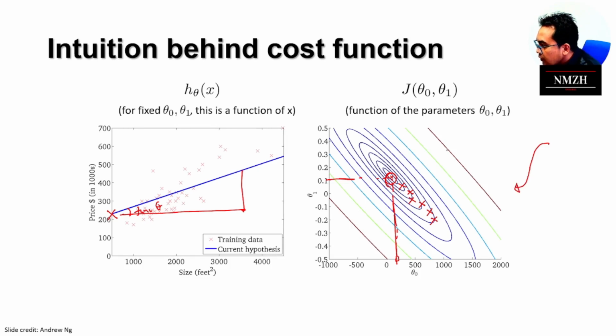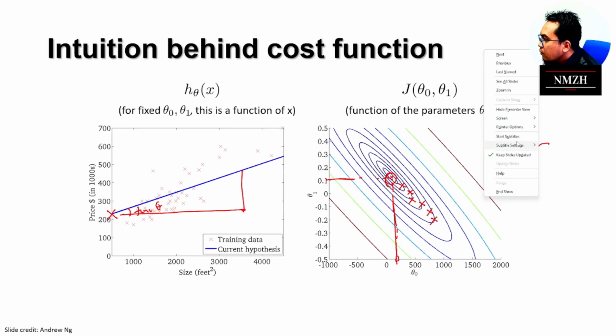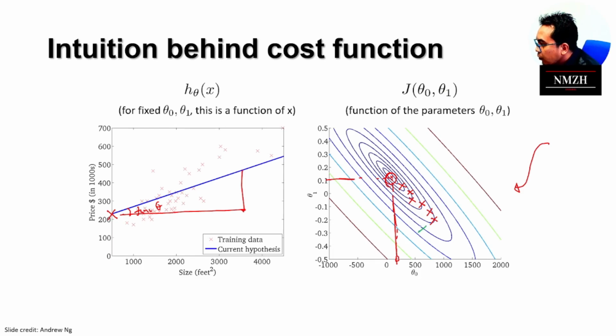But the thing is, I changed my mind to green right now. Say that we have this point, and we go up to here, up to here, up to here, and up to here. So the point is going up here, here, here. This zigzag is not really good for training purposes because of what we call overshooting.